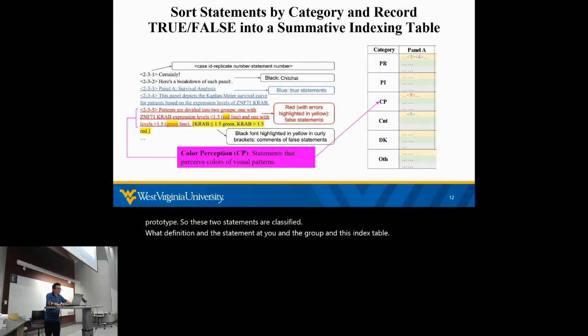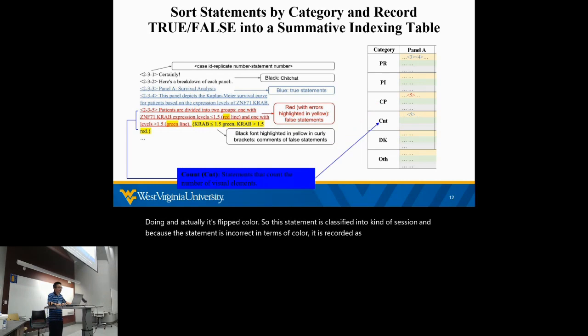Statement 5, if you pay attention to it, talks about the colors red and green, and it actually flipped the colors. So this statement is classified into the color category, and because the statement is incorrect in terms of color, it is recorded as red.